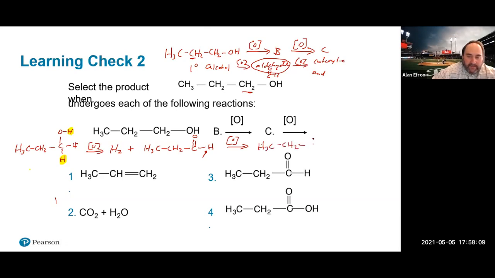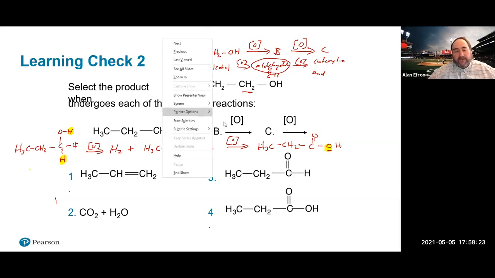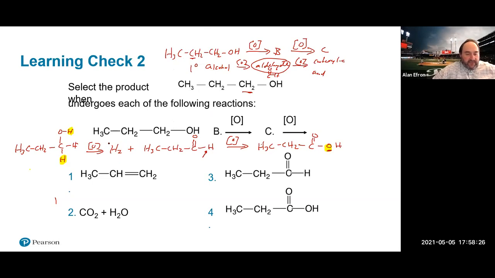And we will end up with an OH here. Again, that is what has been inserted through this oxidation process, remembering that there's three definitions of oxidation. The two that really apply to organic chemistry: the loss of hydrogen, the gaining of oxygen. So again, those are two distinct definitions of oxidation.